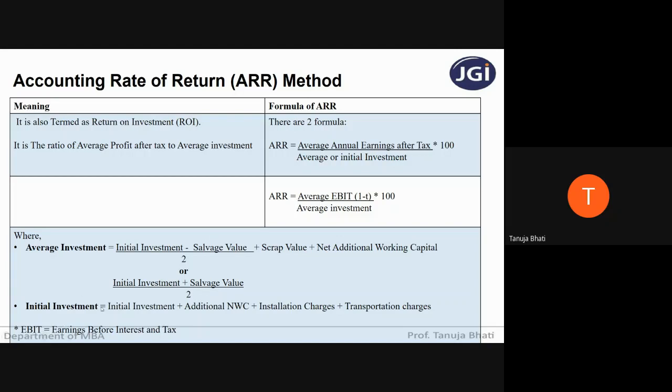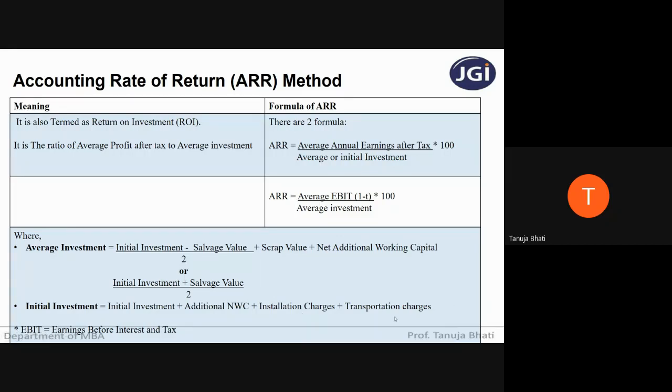And your initial investment will be whatever you have put, plus your additional net working capital, plus your installation charges, plus your transportation charges. So investment can be procuring a new asset, correct? Suppose initially you have put 1 lakh in that asset, and again you have invested 20,000 to install that machinery, and then another 5,000.